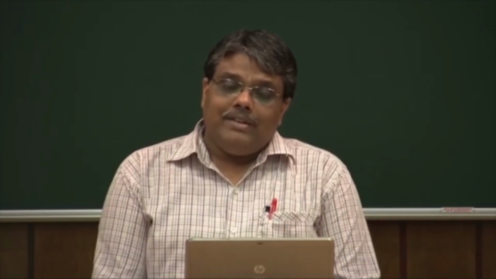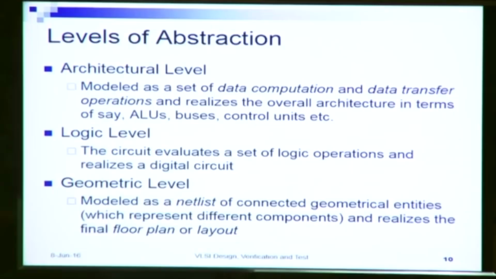Then from this netlist of connected geometrical entities, we will realize the layout and the floor plan, based on which I will finally get an image of what we have to etch on the substrate and finally obtain the packaged chip.